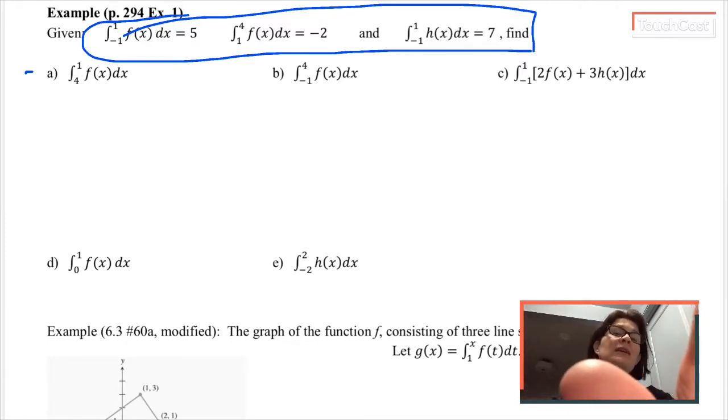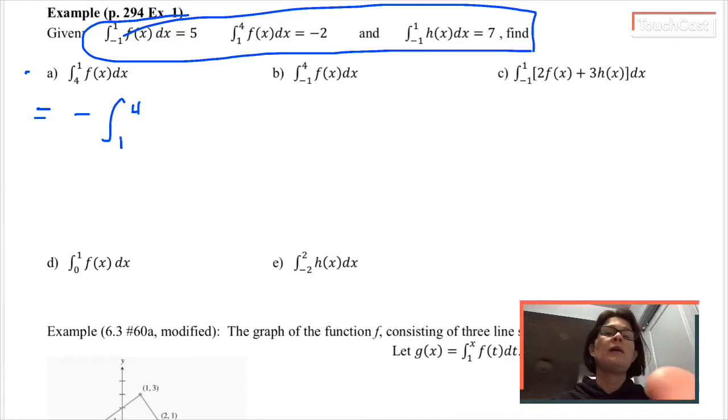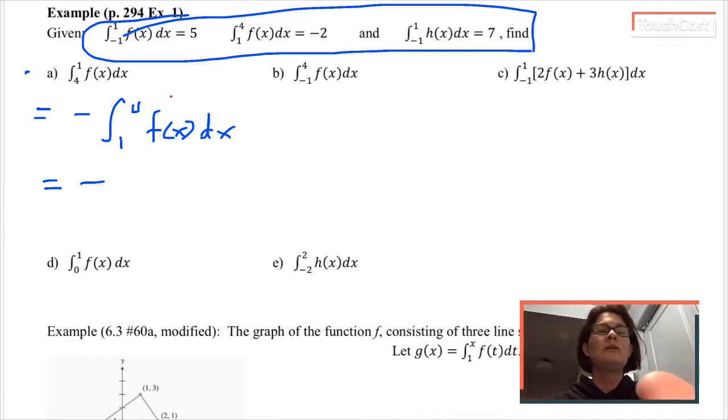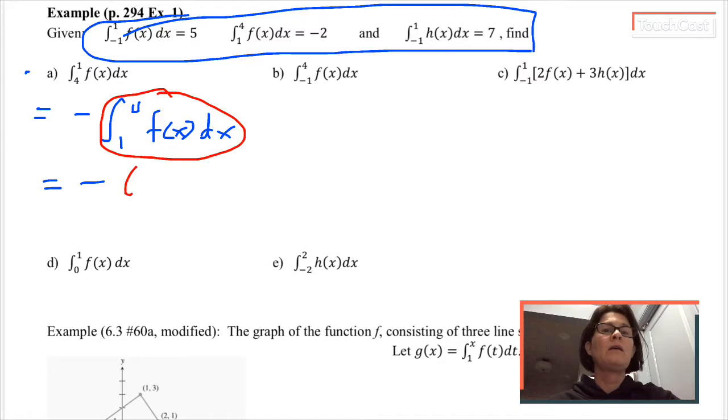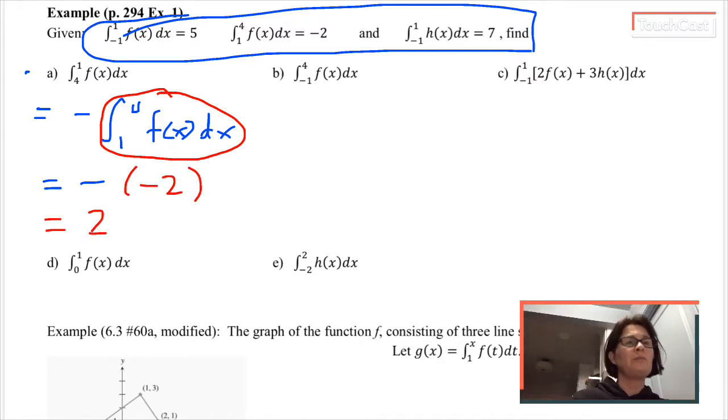So I'm going to write that the integral from 4 to 1 of f of x is equal to the opposite of the integral from 1 to 4 of f of x dx. And that's equal to the opposite of, I can replace the integral from 1 to 4 of f of x dx with -2. So my final answer, +2.